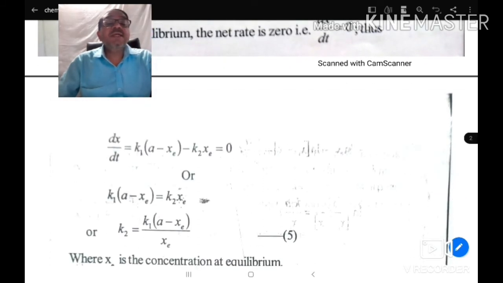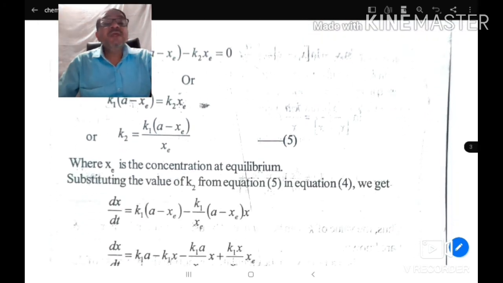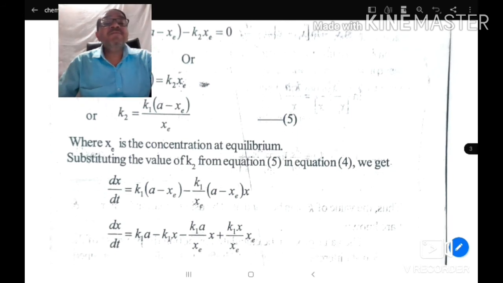Thus dx by dt is equal to k1 into a minus xe minus k2 into xe is equal to 0, or k1 into a minus xe is equal to k2 xe, or k2 is equal to k1 into a minus xe divided by xe. Label these as equation number 5. Here xe is the concentration at equilibrium.